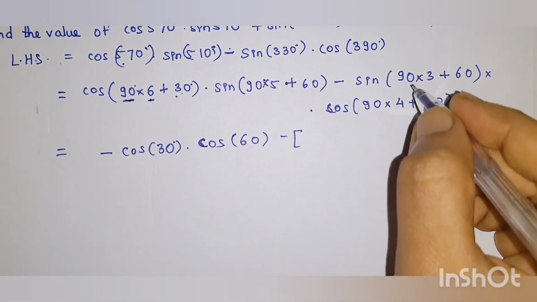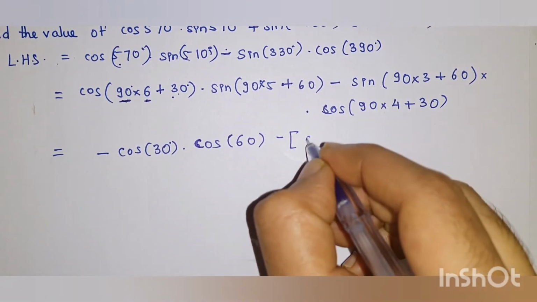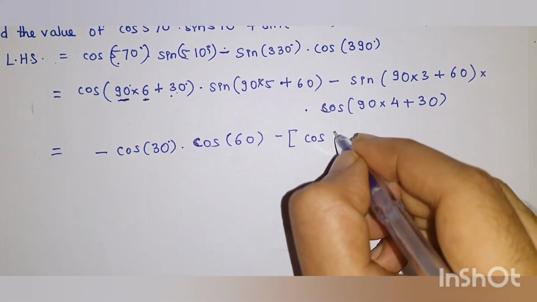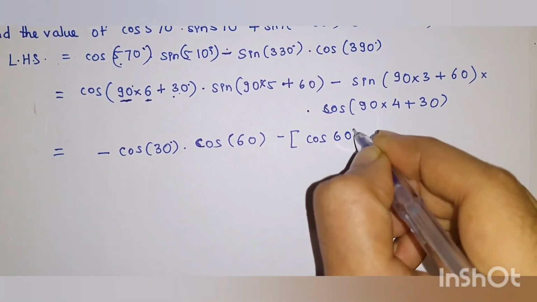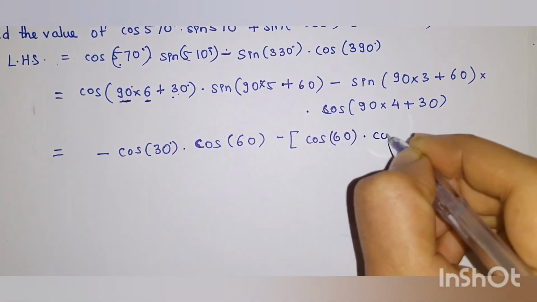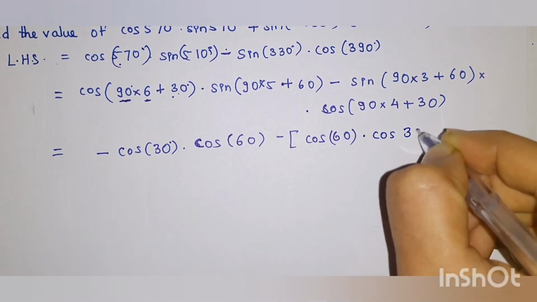For sine it will become cos, that is cos of 60 degrees into cos of 30 degrees.